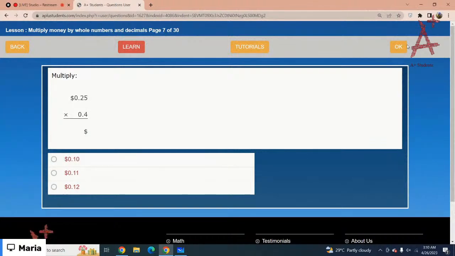Okay, the next one is 0.25 times 0.4. Which is the correct option?